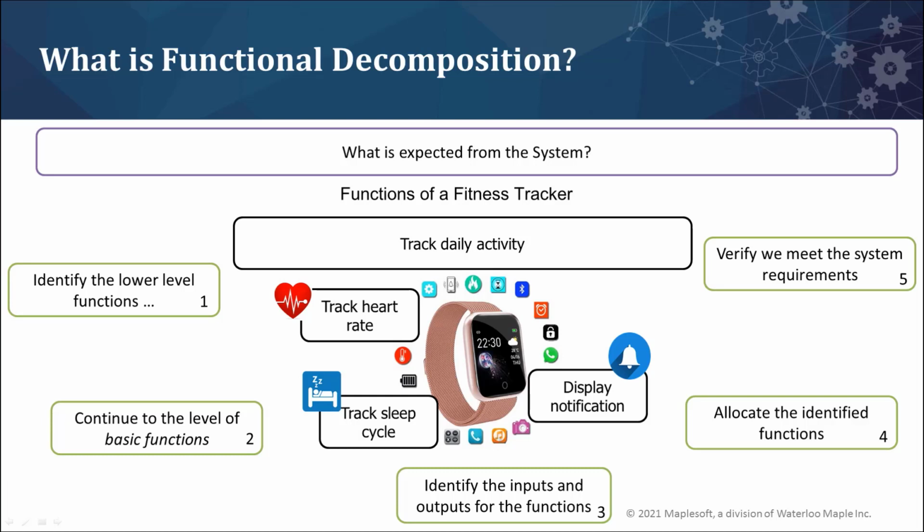So a basic function is what we could define as a function with the right level of detail. And then we define what the inputs and outputs of the function are going to be. We allocate the identified function to certain components. We can also link it to requirements to verify that the system requirements have been met based on the functions that we have defined and so on.